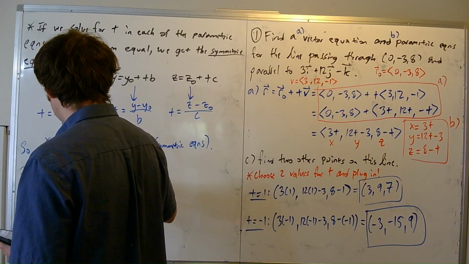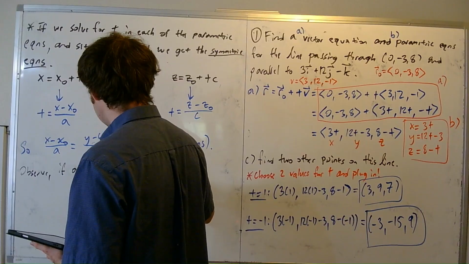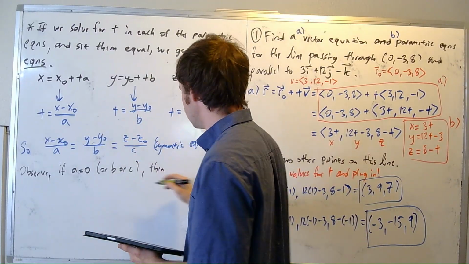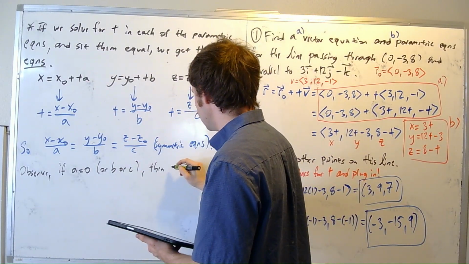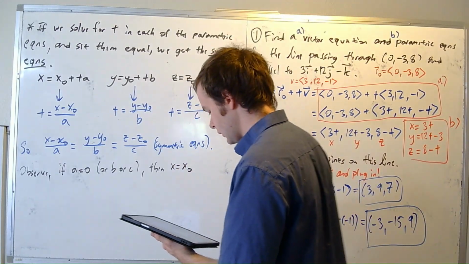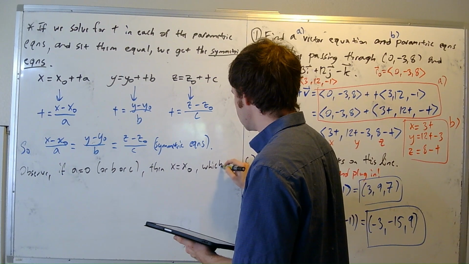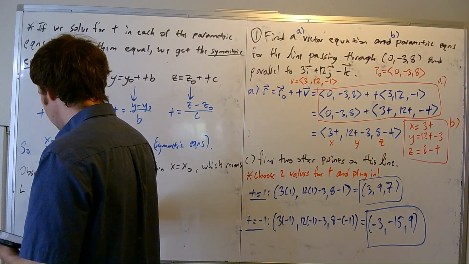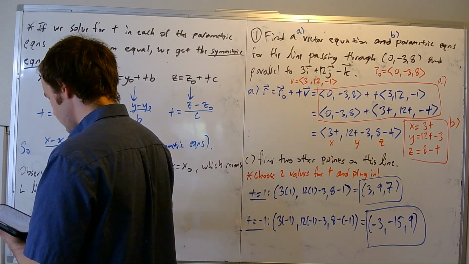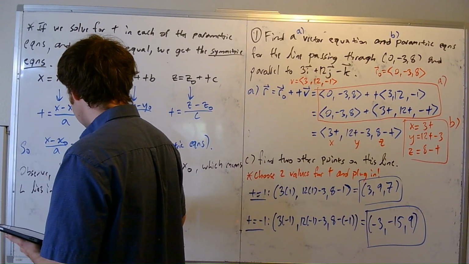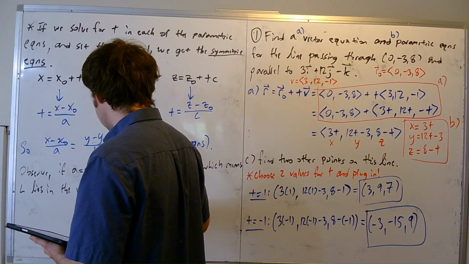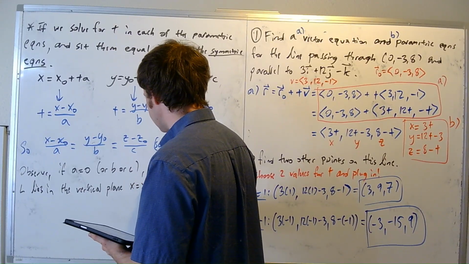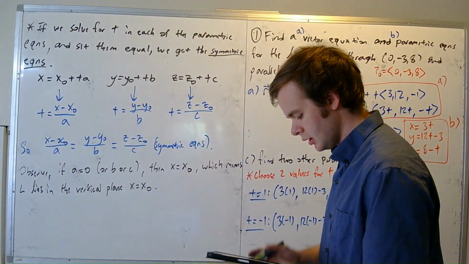If a equals 0, or b, or c, then, if you look here, if a equals 0, then x equals x0, which means L lies in the vertical plane x equals x0.